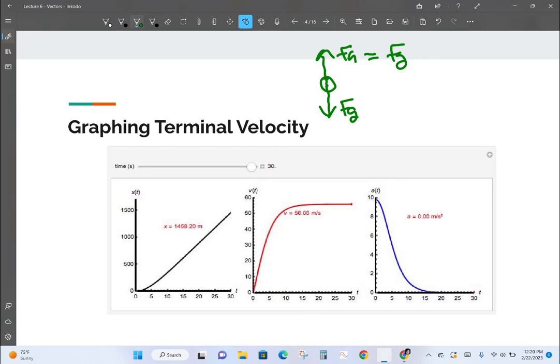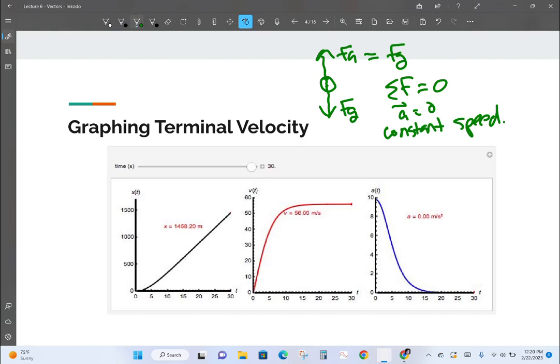So they cancel each other out. So the net force acting on it is zero. So there is no more acceleration, and it is at a constant speed.